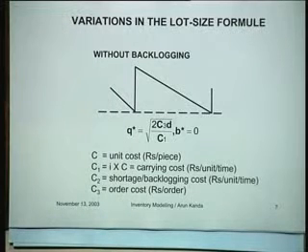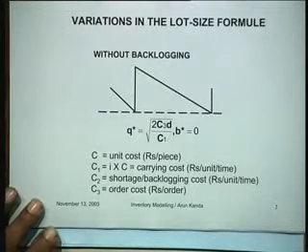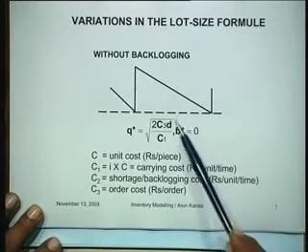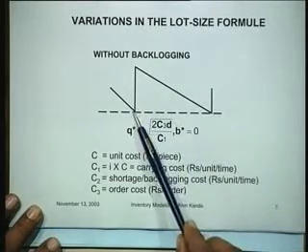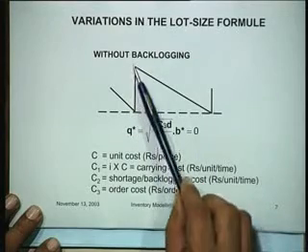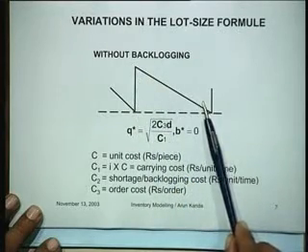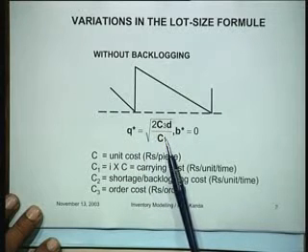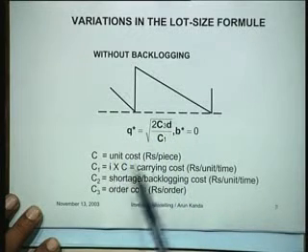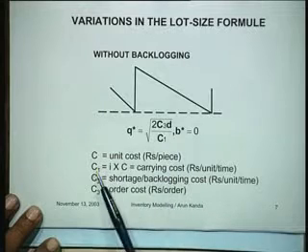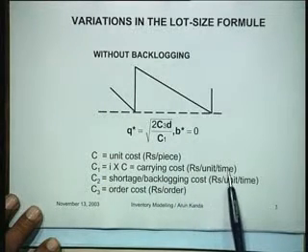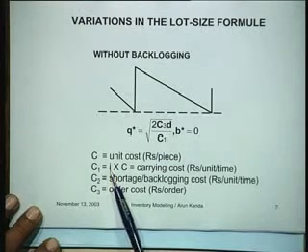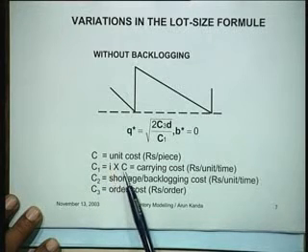If, for instance, you apply this approach and the final solution that you would get is in a simple lot size formula, which is the purchase situation without backlogging, you have Q star is equal to the square root of 2 C3 D divided by C1, where C1 is the carrying cost in rupees per unit time, and normally the carrying cost is expressed as the product of inventory carrying cost rate I and the unit cost.